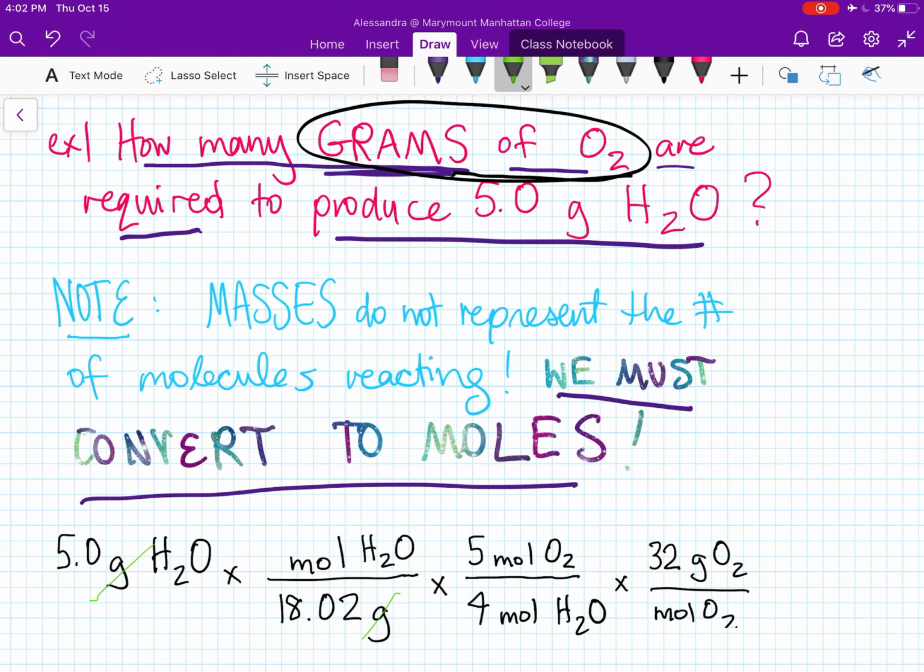If I do all of that, I am able to cancel moles of water, cancel moles of oxygen, and I'm left with exactly what I wanted, which is the grams of oxygen. So this calculation should give me about 11 grams of oxygen. So remember that you must always convert grams to moles if you want to do stoichiometric calculations from a balanced chemical equation.